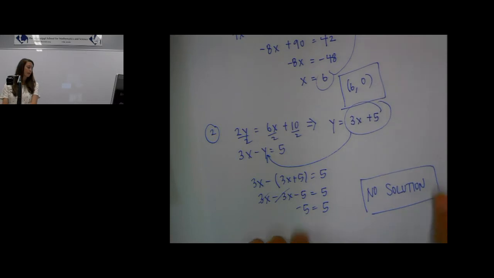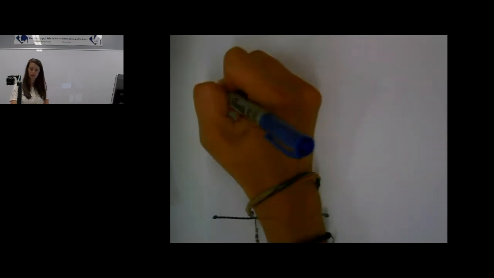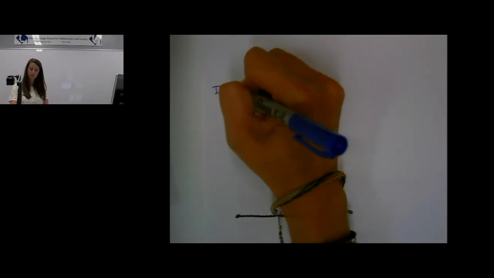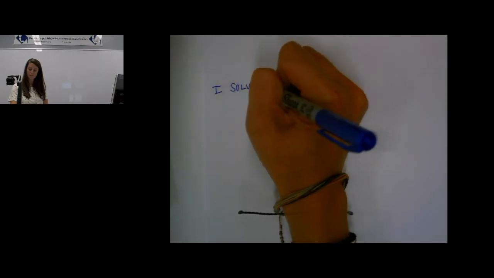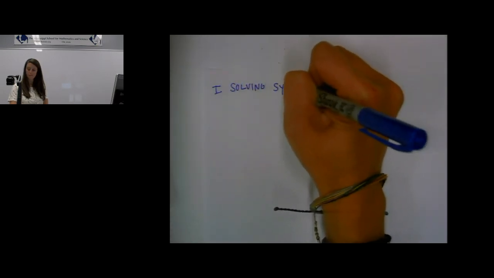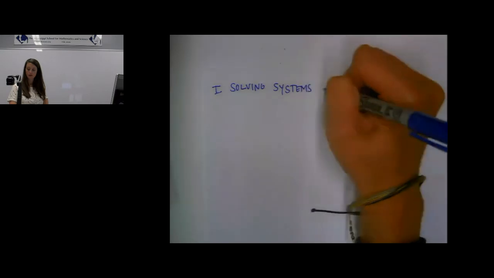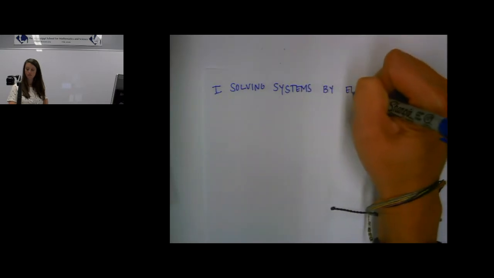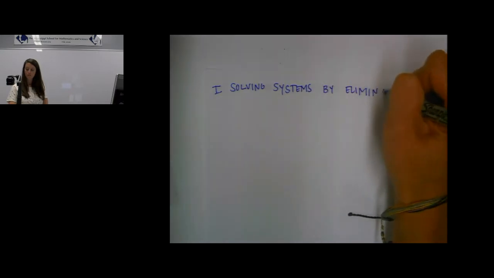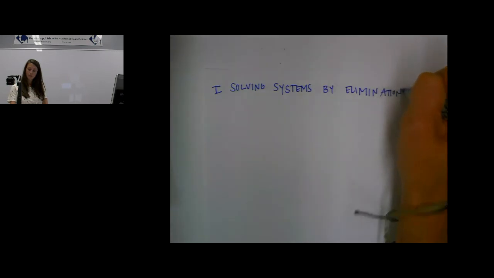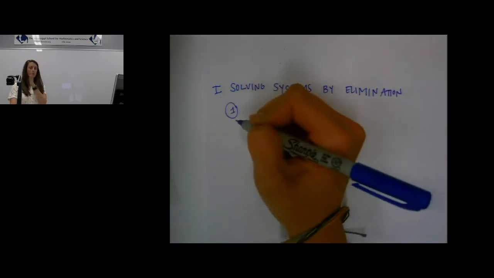All right. So today we are going to talk about elimination. Elimination is where you're going to add or subtract your equations together. So solving systems by elimination. When you do this, you need to make sure that everything is lined up.